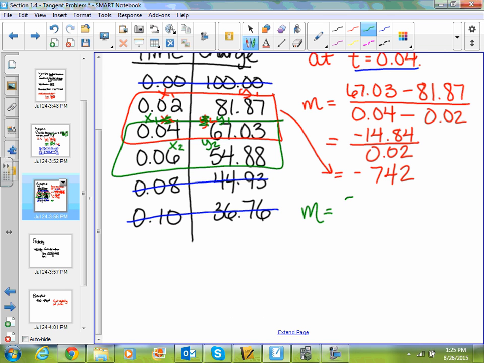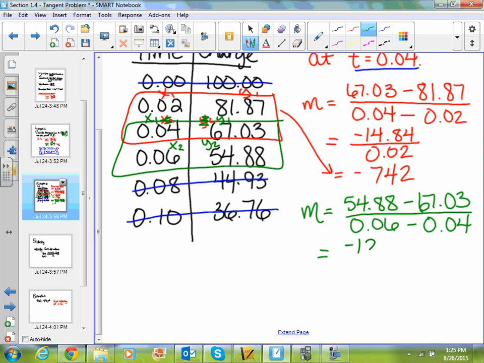So my y2 is 54.88 minus my y1, which is 67.03, divided by my x2, which is 0.06, minus my x1, which is 0.04. What's 54.88 minus 67.03? Negative 12.15. And 0.06 minus 0.04. 0.02. Okay.